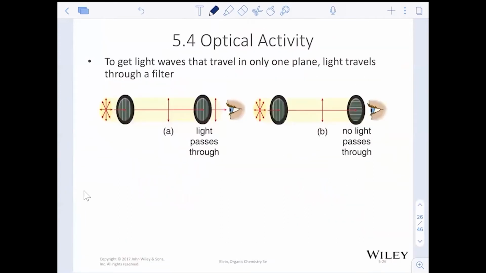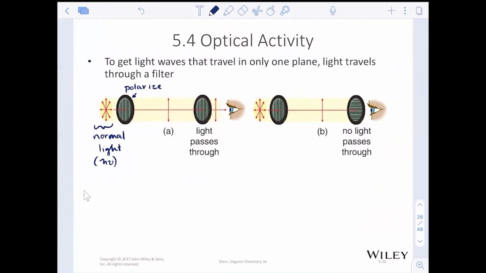Now, when we get that light and we can make it plane polarized, this is normal light, where it's going out in all directions. I'm going to label light as HVs coming up. Now, when we polarize it, what happens is that direction becomes one direction, no pun intended.